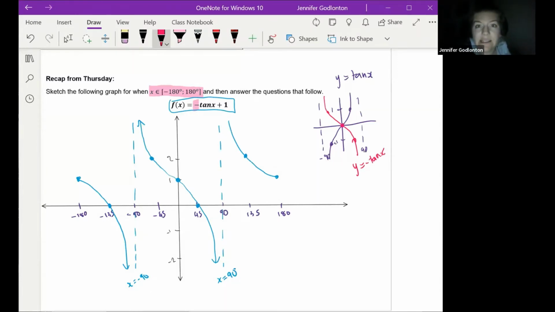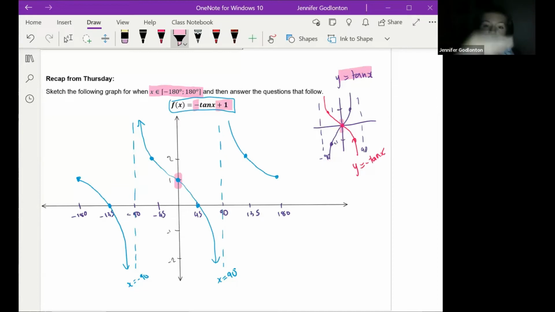Now, this is quite an important thing to think of. In our lesson today, we're going to be looking at finding the equation of different graphs, so there are a few really important things to take note of. First, in our normal y is equal to tan x, or even y is equal to negative tan x, the graph would normally be on 0. As soon as it's at a different point, like here it's on 1, we know that's because our graph has been shifted up by 1.